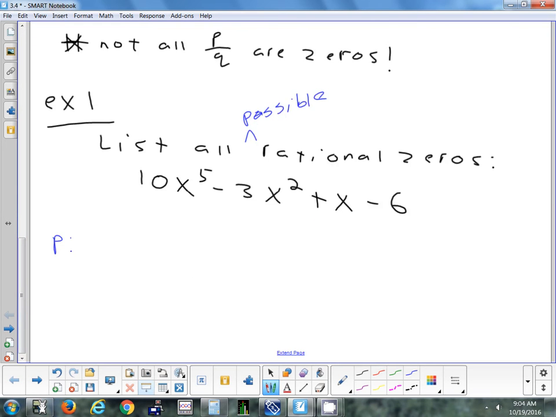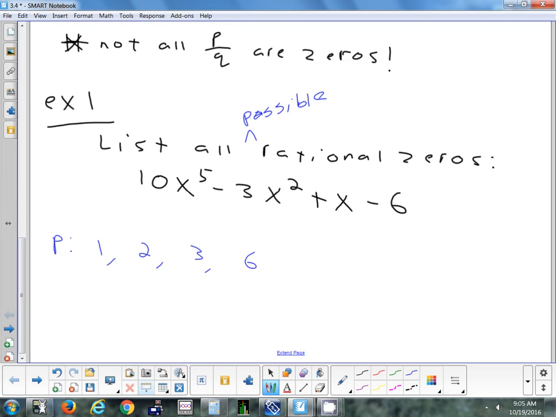Denver, what's my constant in this case? -6. Yep, -6. Whether it's a -6 or a +6, they actually have the same factors. But can you tell me all the numbers that divide into -6 without a remainder? 1, 2, 3, 6. Yep, so 1, 2, 3, 6.